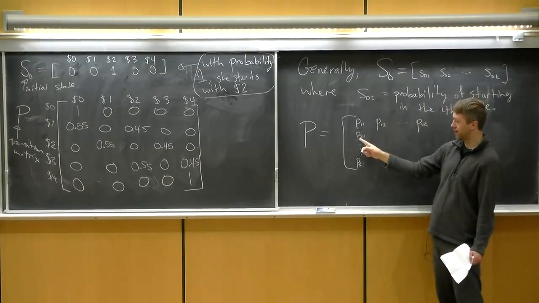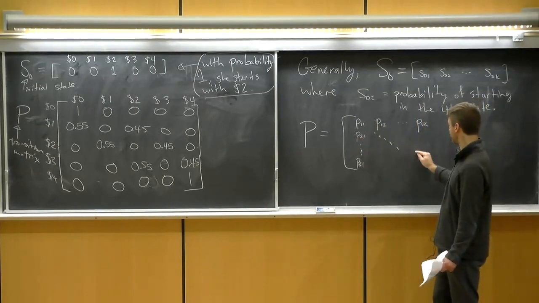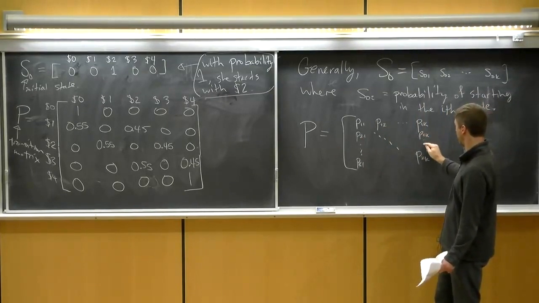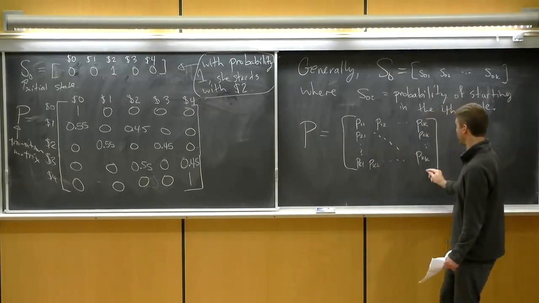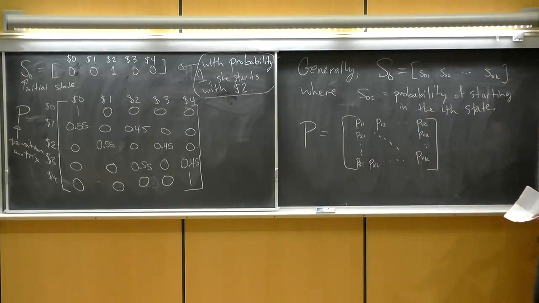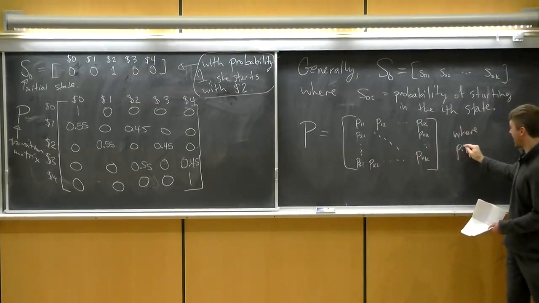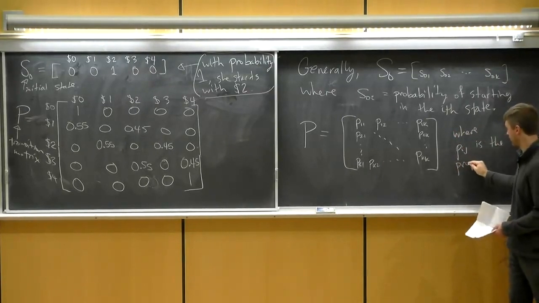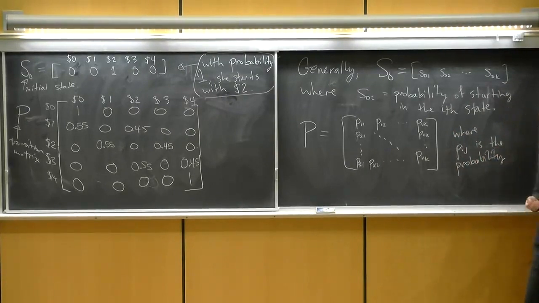So this is row 2, column 1. Where Pij is the probability of going from the ith state to the jth state.